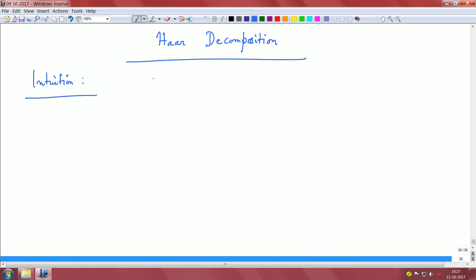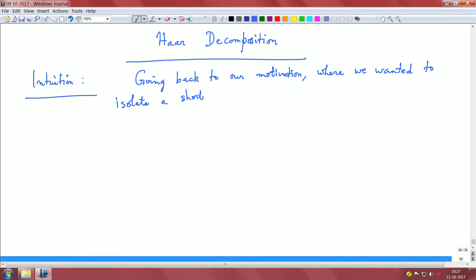So, what is the intuition? Going back to our motivation, where we wanted to isolate a short burst or spike from the theorem on subspace decomposition, right.